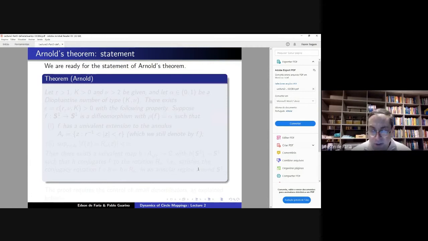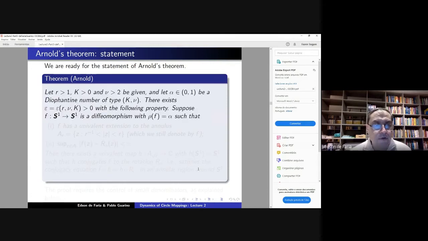It's just a teeny bit technical, but it's going to tell you the following. Suppose you're given a number r greater than 1 and two constants k and nu, where k is positive and nu is greater than 2.